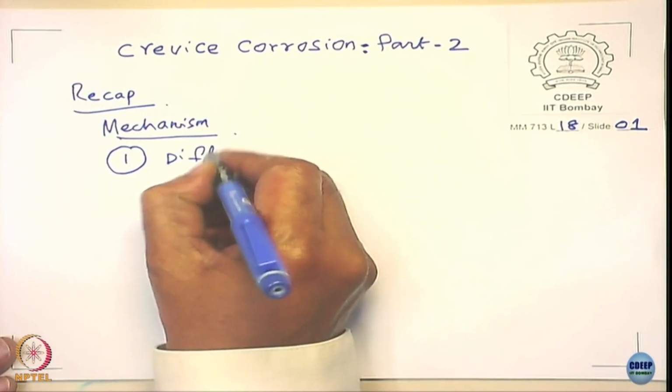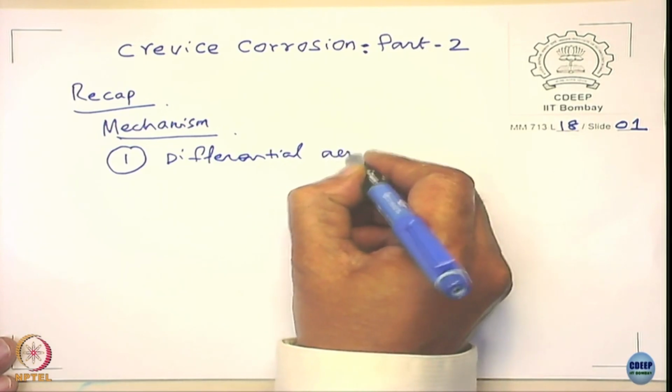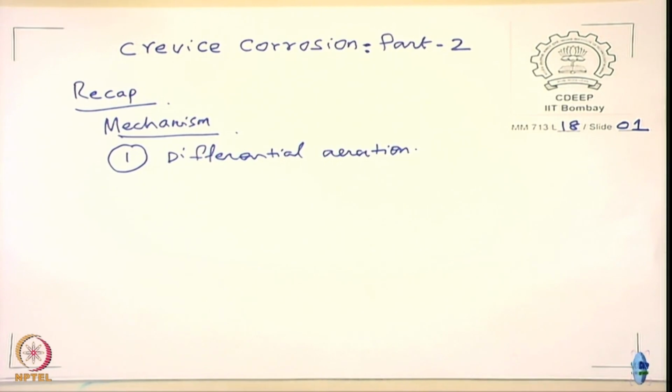So, it is the formation of differential aeration cells. The basic point is that there is a difference in oxygen concentration between two locations, and that is the starting point. Why would the differential aeration lead to this problem?